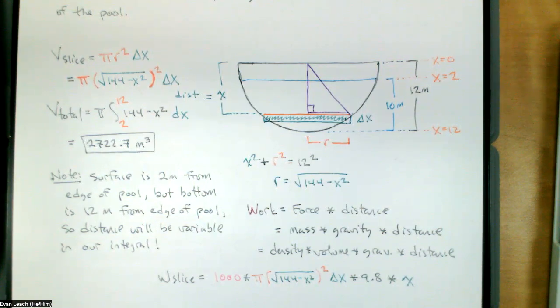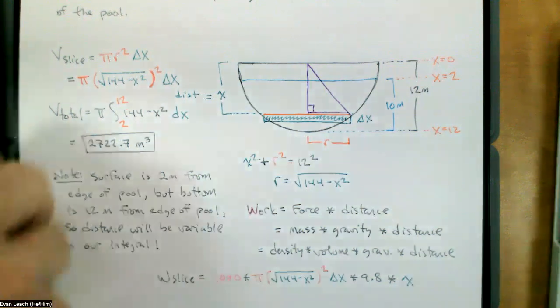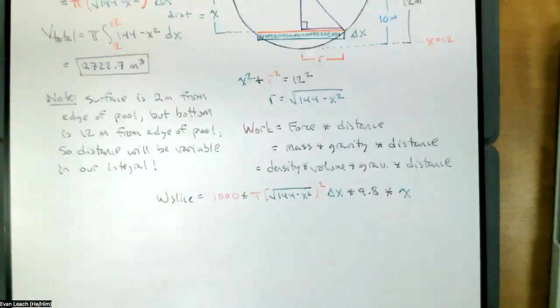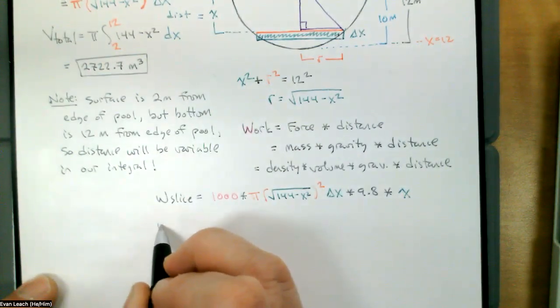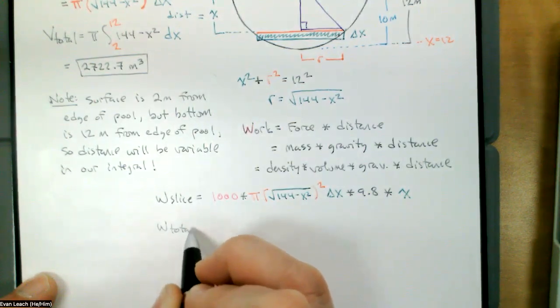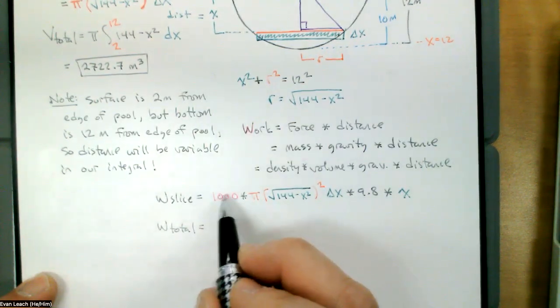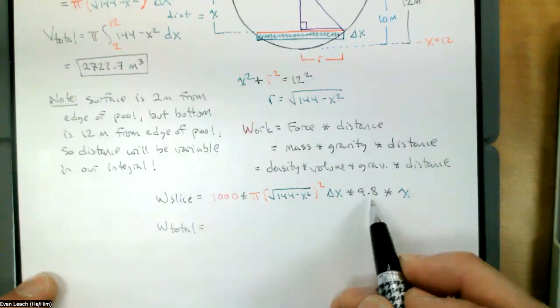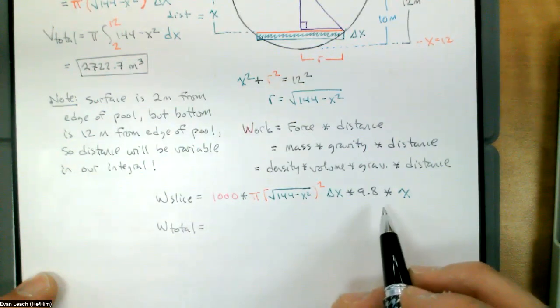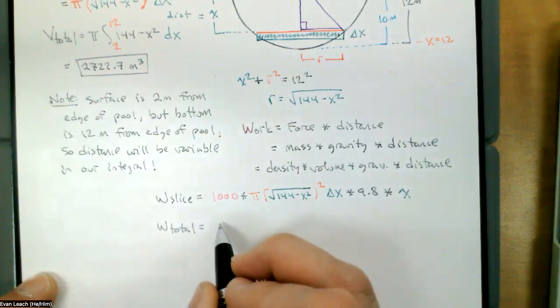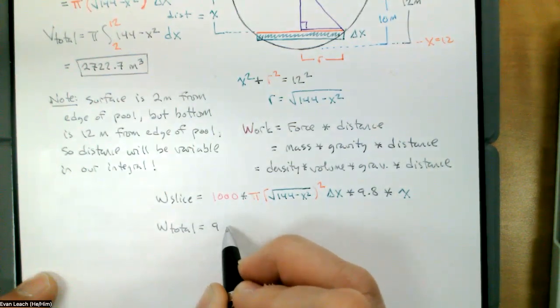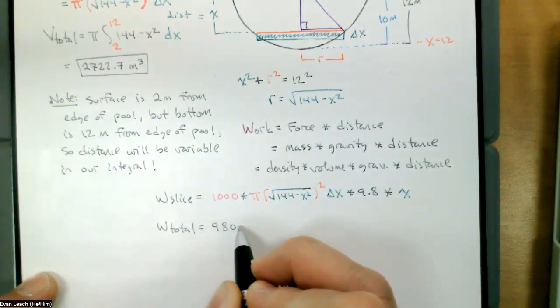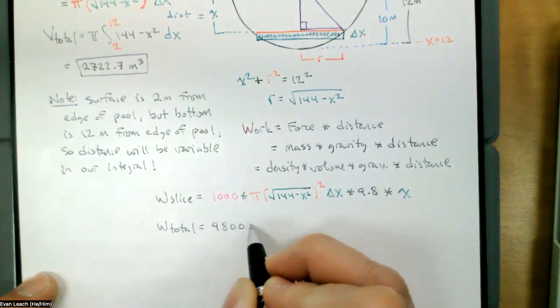We need to integrate where there is water, and the water is still from 2 to 12. So the total work, well, I'm going to factor out 1,000, a pi, and the 9.8. So I need 9.8 thousand. I factor out a pi.